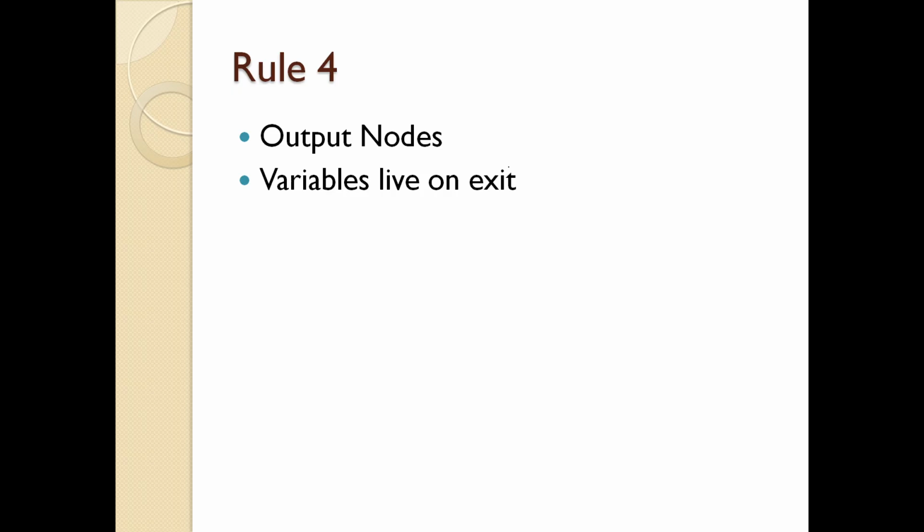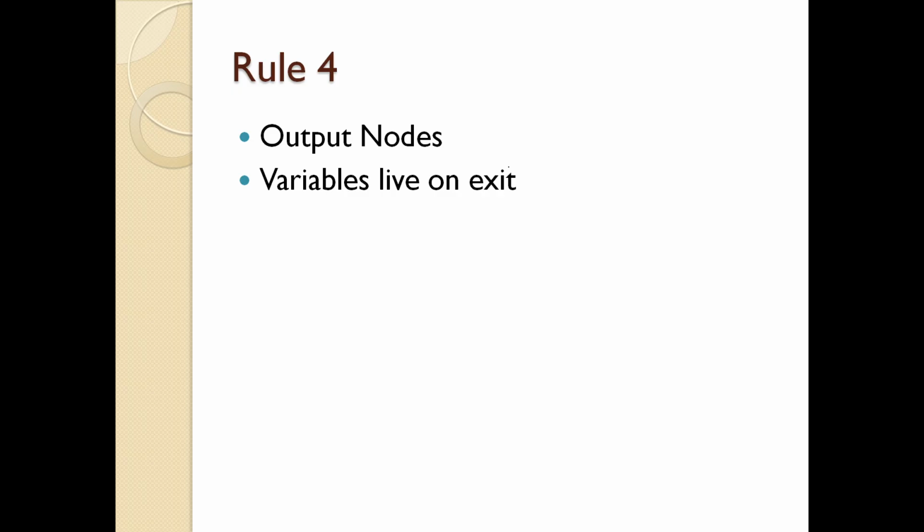If I am talking about B1 basic block, if a variable is needed after leaving B1, in B2 and B3 also I may need that variable. That kind of variables are known as live variables. Variables which are needed after leaving a basic block are known as live variables. Their corresponding nodes are marked as output nodes.